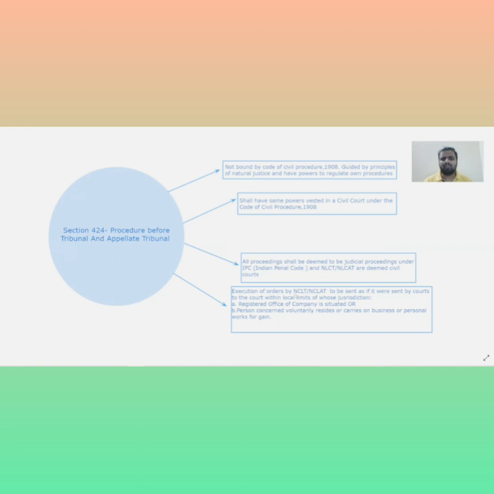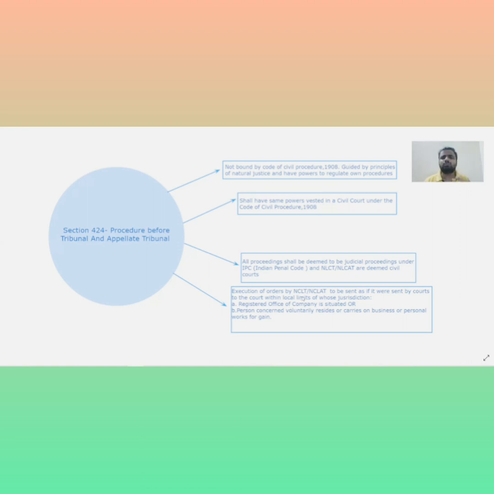And now the fourth point is a general point. Whatever execution of orders is given by NCLT and NCLAT has to be treated as given by any other court, and it has to be sent to the local court within whose jurisdiction the registered office of the company is situated, or where a person concerned voluntarily resides or carries on business or personally works for gain. These are the parties involved, the concerned parties who are going to go for appeal with these tribunals.